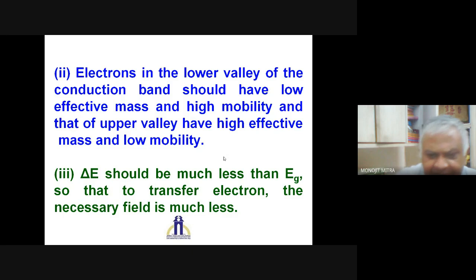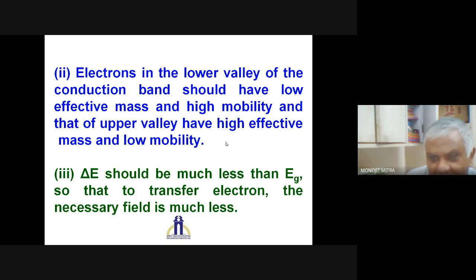Sorry for the interruption. So what I told you is that these are the three required conditions, and I am going to explain conditions 2 and 3 again after some mathematical analysis, which I am now going to do.